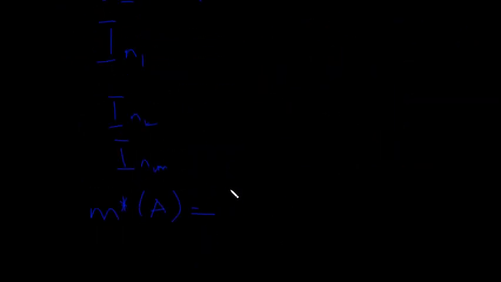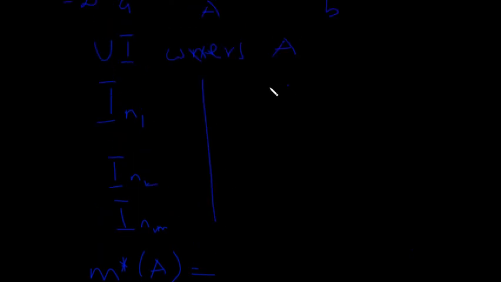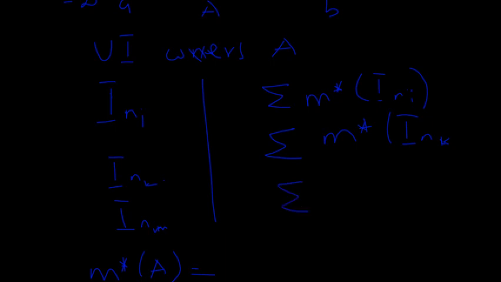So I'm going to look for the summation of the outer measures of I_{1}, the summation of m star of I_{2}, up to the summation of m star of I_{m}. Let's say these are the possible intervals you can get which will cover A. These are all of them.